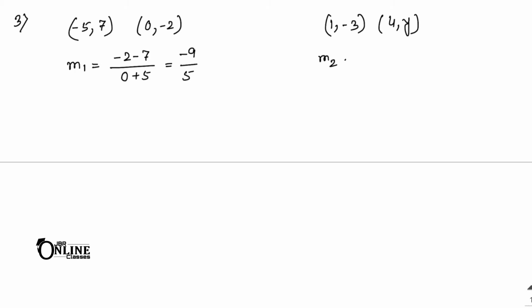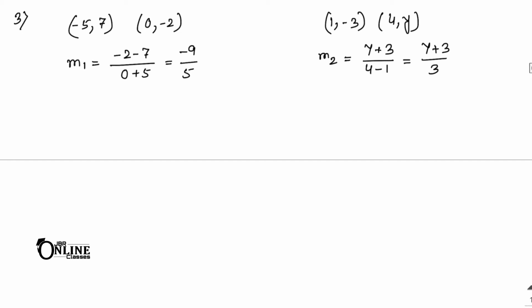And M2 is (y plus 3) by (4 minus 1), so it's (y plus 3) by 3. As these two lines are perpendicular, M1 into M2 equals -1, so -9 by 5 into (y plus 3) by 3 equals -1.